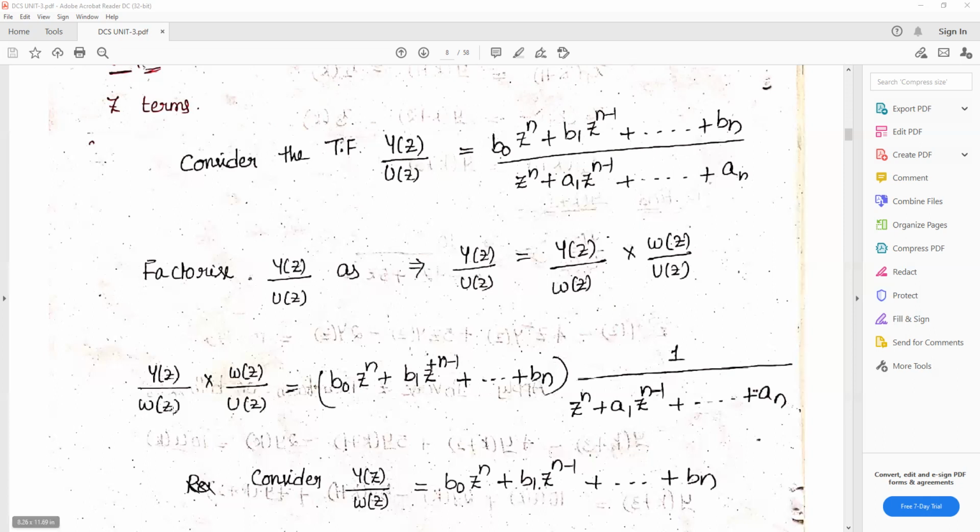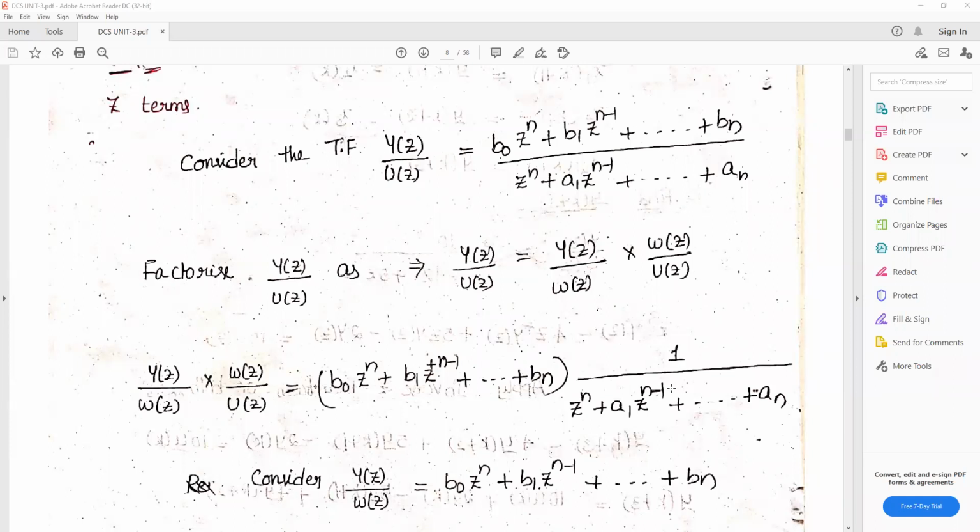So y of z by omega of z is b naught z power n plus b1 z power n minus 1 plus b2 z power n minus 2 plus and so on plus bn, and omega of z by u of z is 1 by z power n plus a1 z power n minus 1 plus a2 z power n minus 2 plus and so on an.